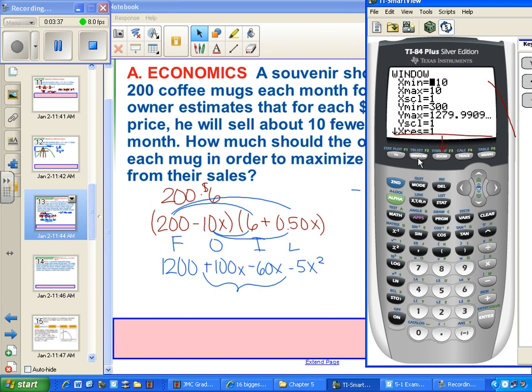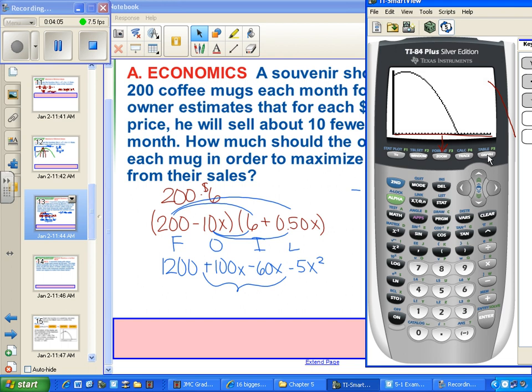And we don't really need any x minimums. We're not going to do negative increments. And it looked like we needed to go a little more, so maybe 30. Okay, yep, as I suspected, the y minimum was not at 0. So let's put that down to 0. And that's just a really bad number, so I'm going to change that to 1300. Let's see if that gets us a better graph. Yes, that looks like a really nice graph now.